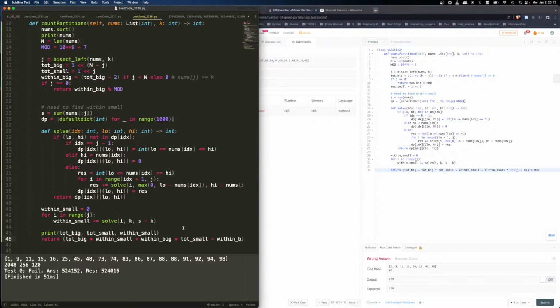So we say within big times total small, because 1 I can pair with all of these, and 1 pair with this, b to pair with this, and then b can pair with all of these, and then 1 pair with all of these. So it's gonna be all of this pair with all of this.